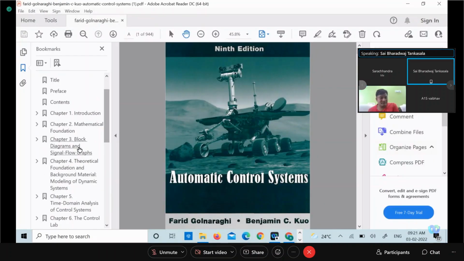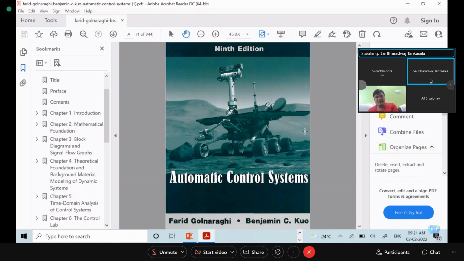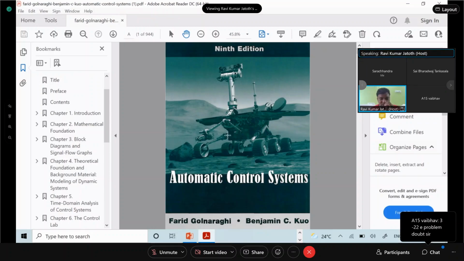I don't understand Y3 by Y1 because Y3 is not output, sir. Because from Y3 we can return to Y2. Okay, so you want me to solve that, right? Yes, sir.